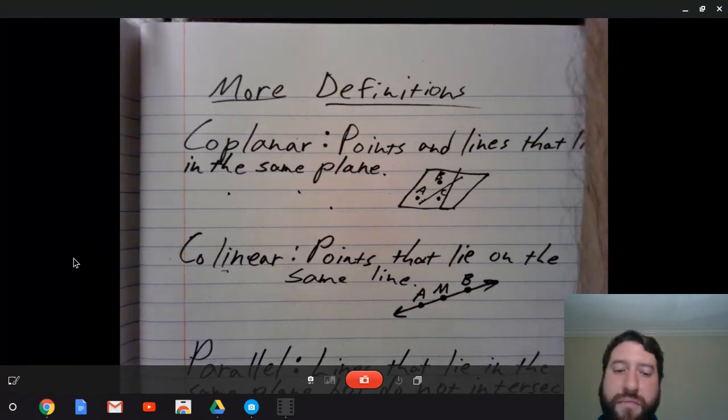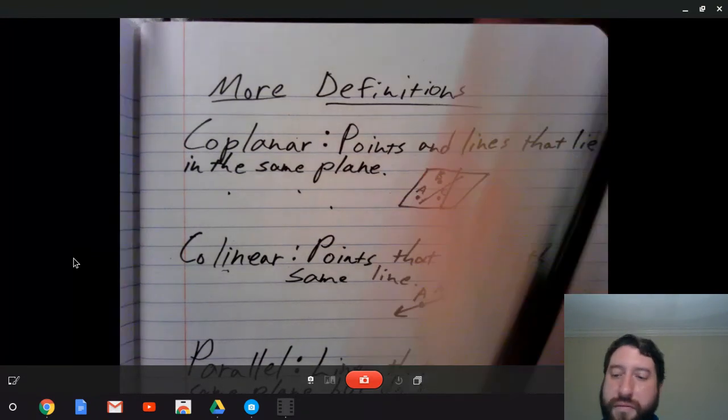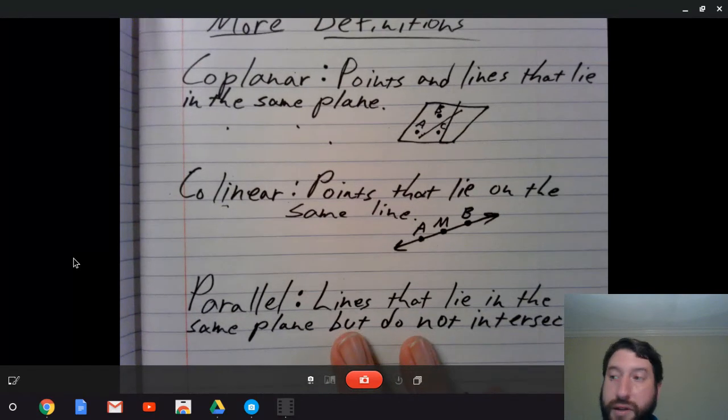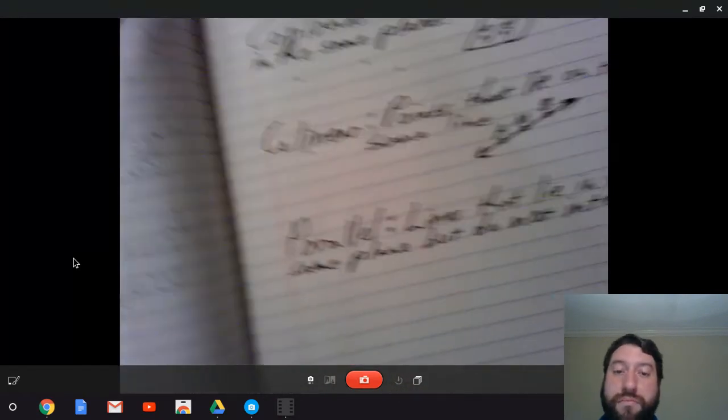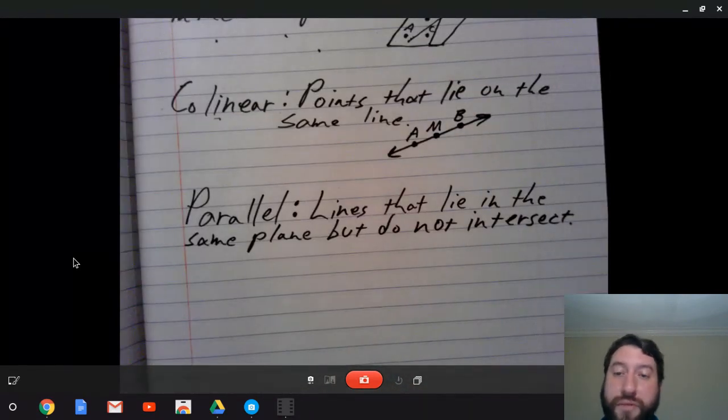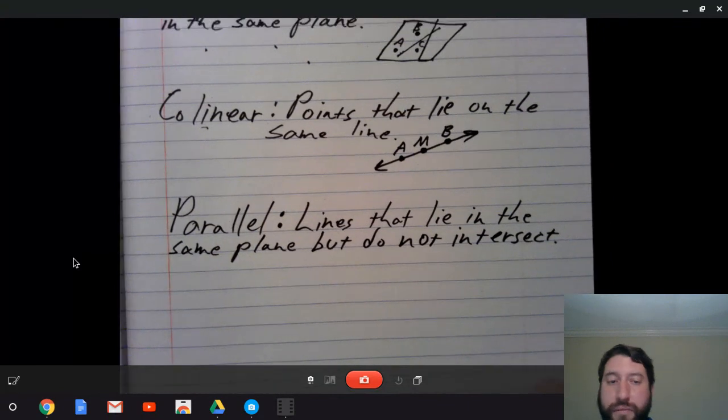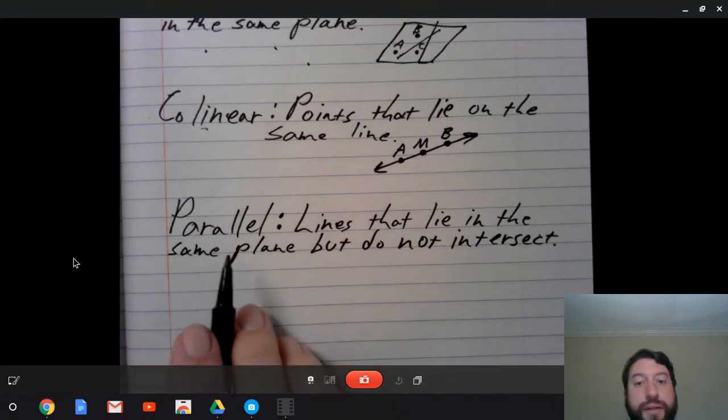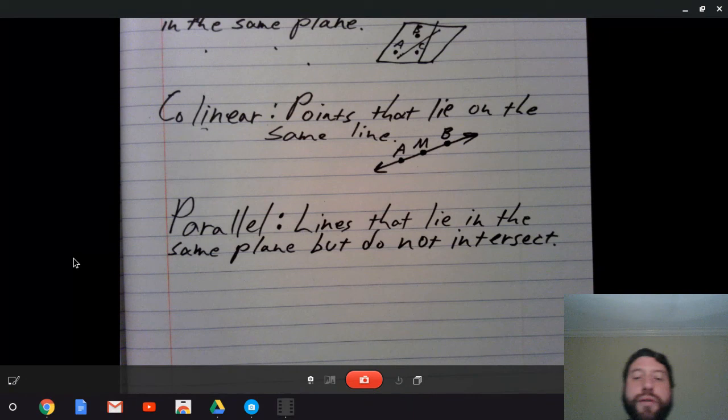And let me move the camera down just a bit here so that you can actually see this. There we go. Don't be afraid to pause the video whenever you have to. So parallel means lines that lie in the same plane but do not intersect.